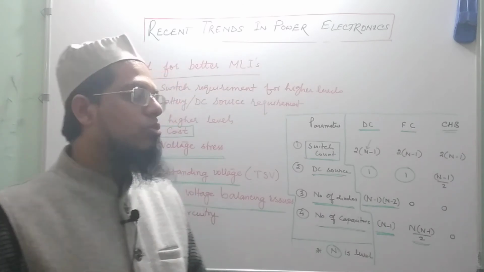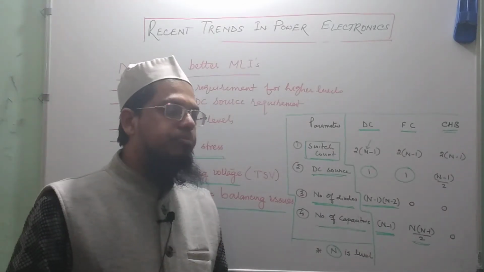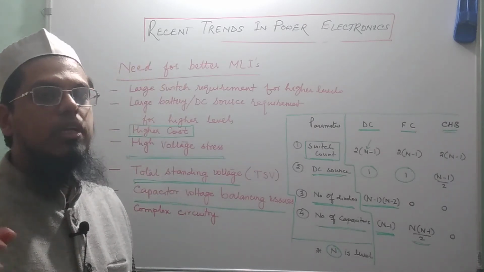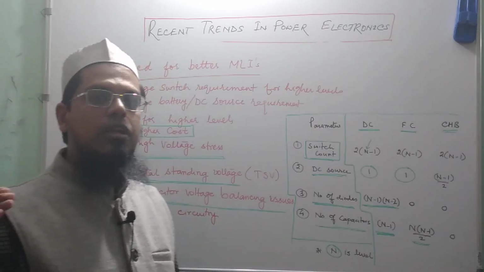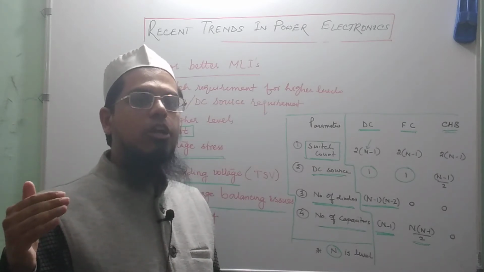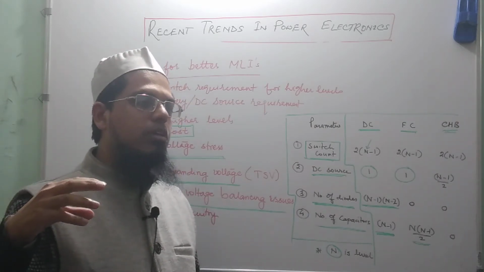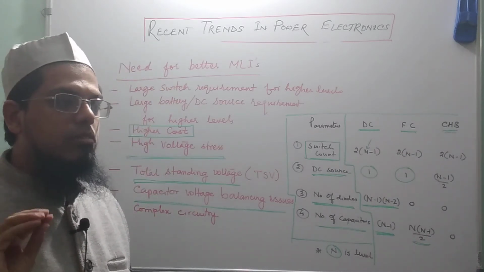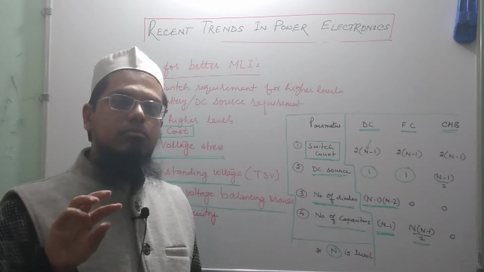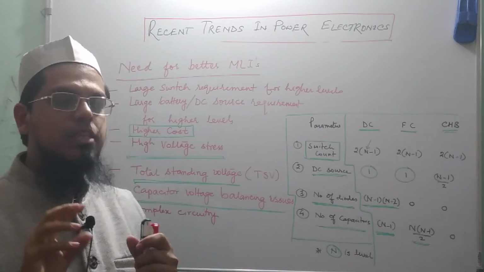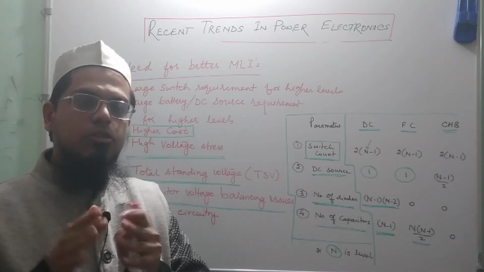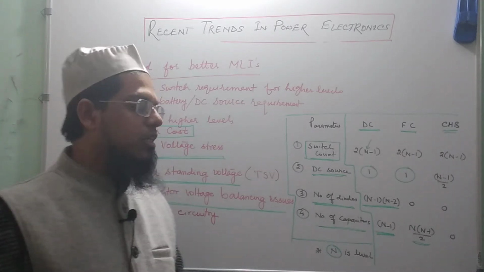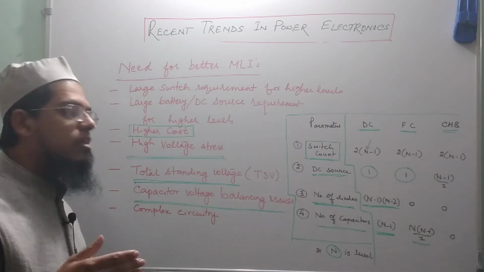So here comes the issue of actually sensing the voltage that is appearing across the capacitor and trying to maintain it at a particular level. So we need to adopt some modulation strategy and incorporate that voltage balancing problem into the code that is used to control the output voltage, and that creates some issues.